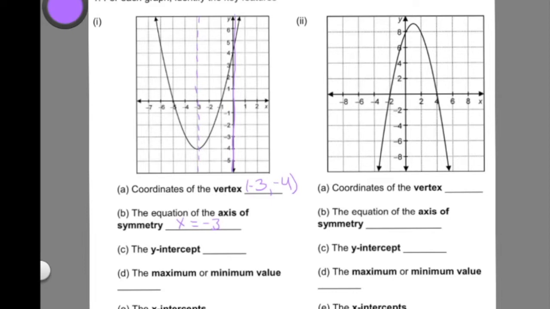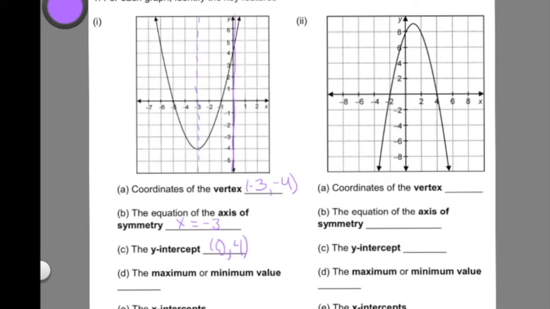So the y-intercept is 4. We can write the coordinates, 0 and 4, because the coordinates of that point would be 0 on the x and 4 on the y.